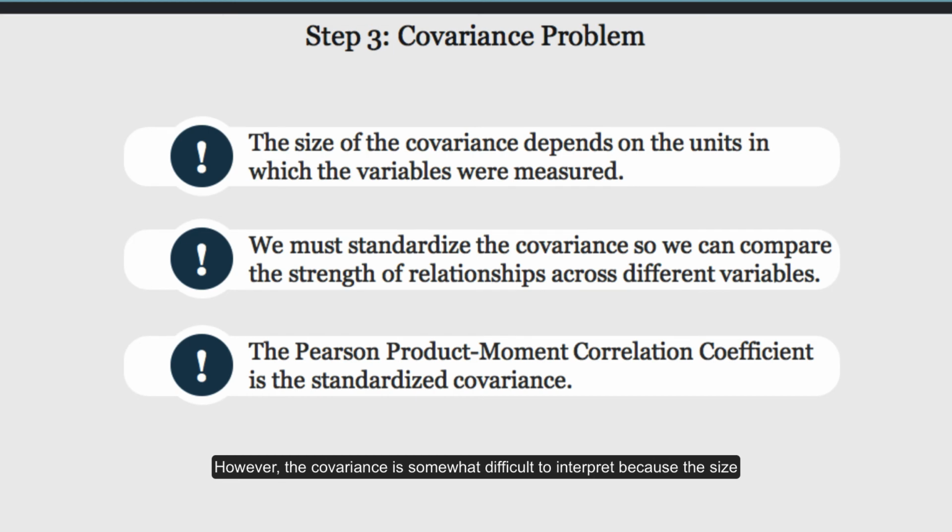However, the covariance is somewhat difficult to interpret because the size of the covariance depends on the units in which the variables were measured, like raw scores. We must standardize the covariance so we can compare the strength of relationships across different variables or studies. The Pearson product moment correlation coefficient, also referred to as the Pearson correlation coefficient, is the standardized covariance.